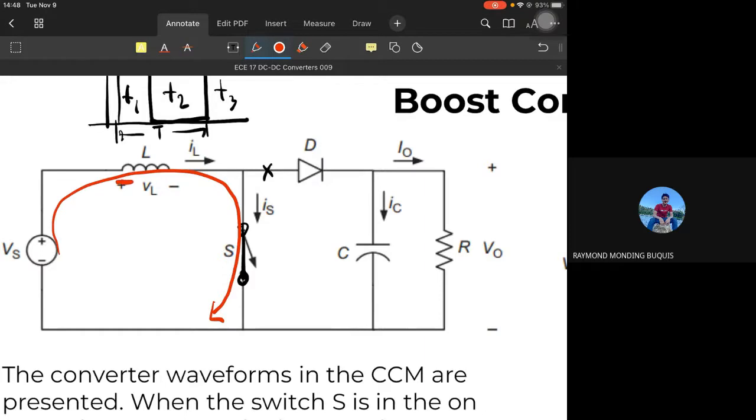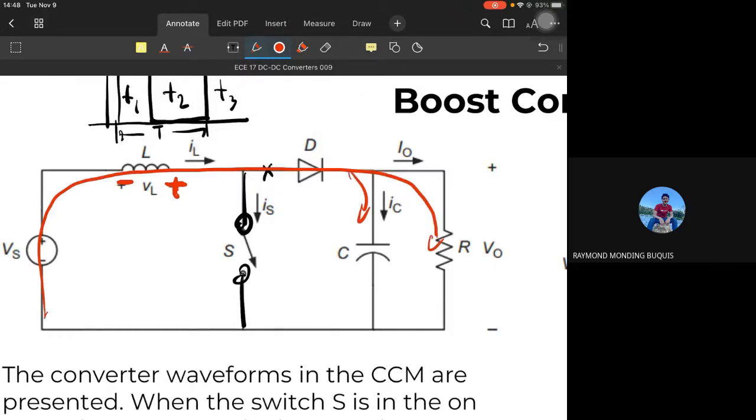So it becomes plus minus. This is during T2. In the next cycle, at T3, the switch is on again, and current will flow here, back to the original.